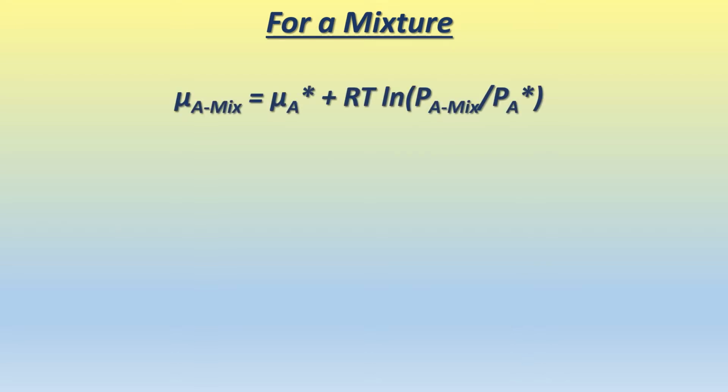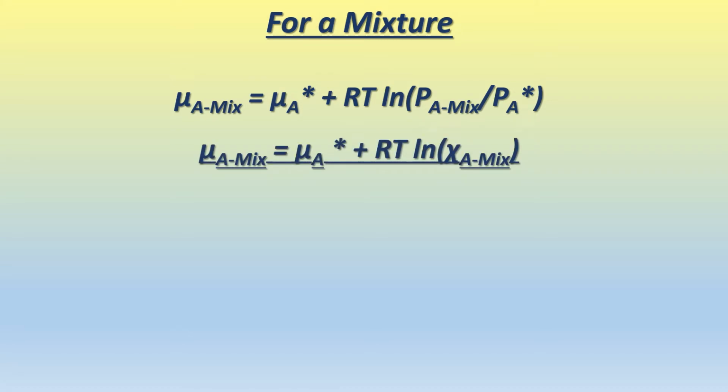For a mixture to be in equilibrium, the potential of the solvent in the mixture has to be equal to the potential of the pure solvent plus VdP, or RT log P of A in the mixture divided by P of A in the pure solvent. From Raoult's law, this becomes RT log the mole fraction of A in the mixture.